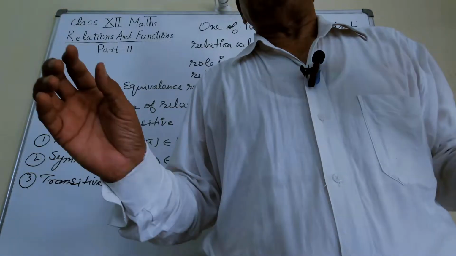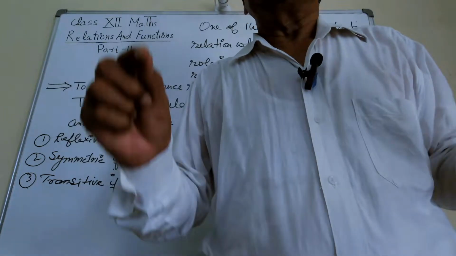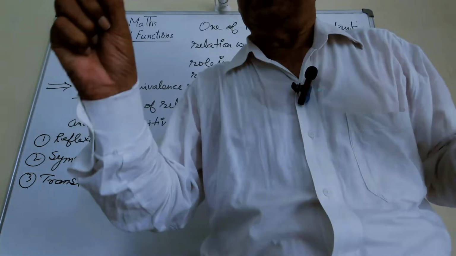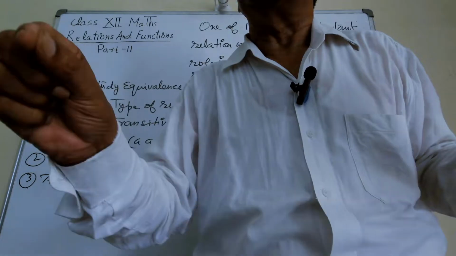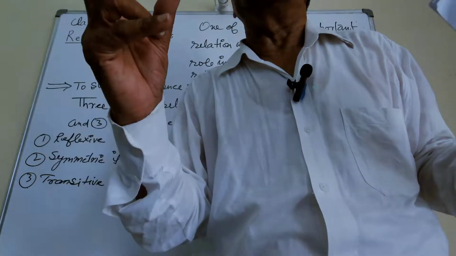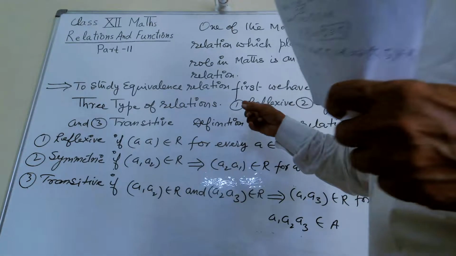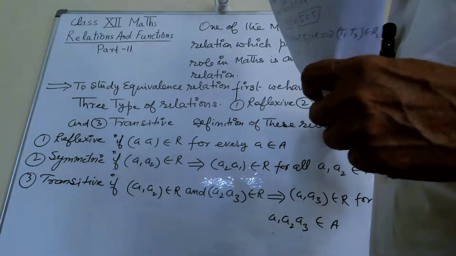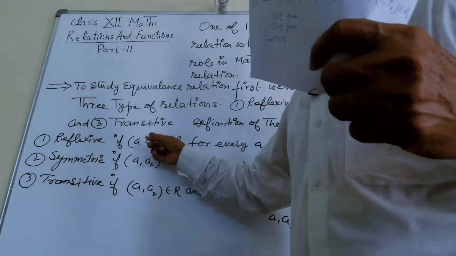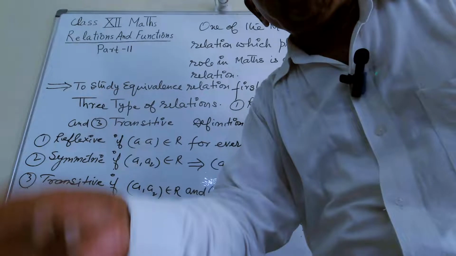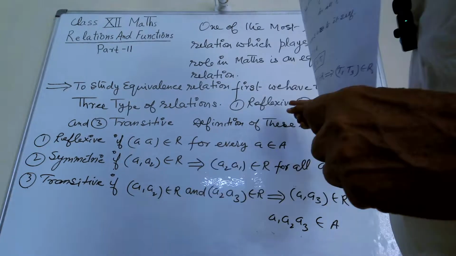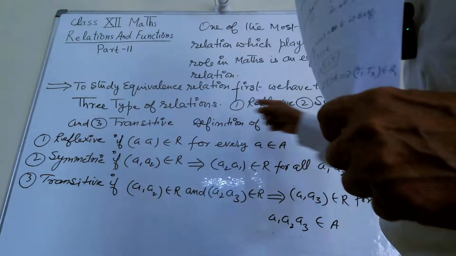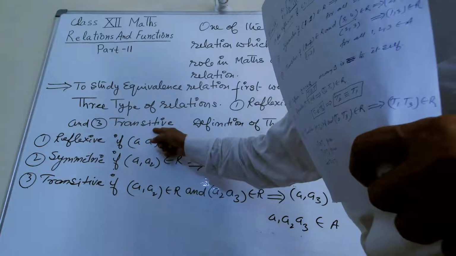And one thing I want to tell you, if you want to study this relation, you have to study three relations. One reflexive, second symmetric, and third transitive. If in any relation these three relations are found, listen to me very carefully.